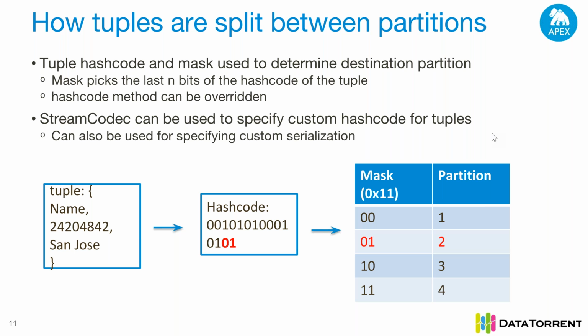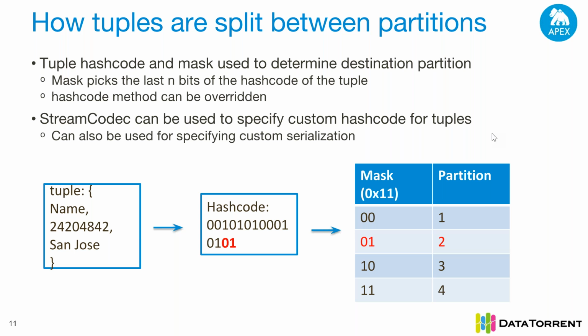For each tuple, a decision is made on which partition it should be processed. Whenever we have a fixed number of partitions, the last n bits of the hash code of the data tuple are used to decide which partition that tuple should go to.